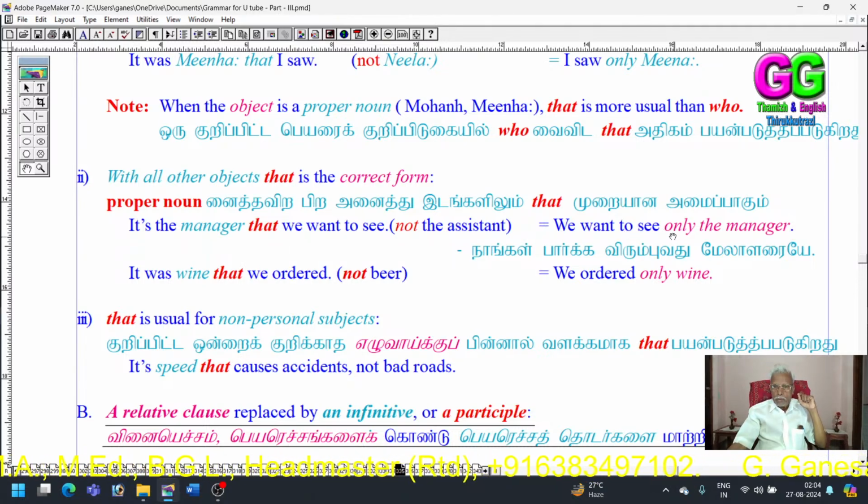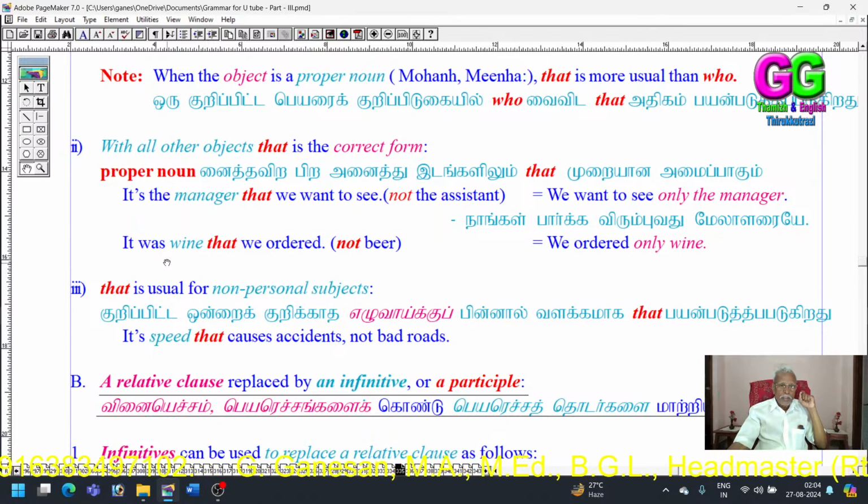That is, we want to see only the manager. Then another example. It was wine that we ordered, not beer. It was wine that we ordered means we ordered only wine.